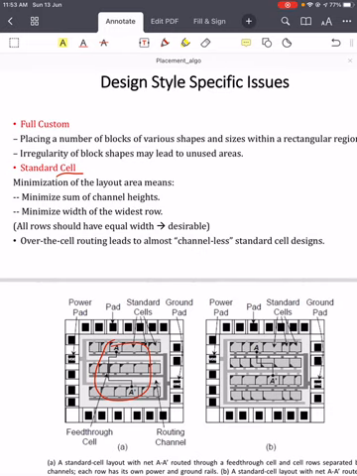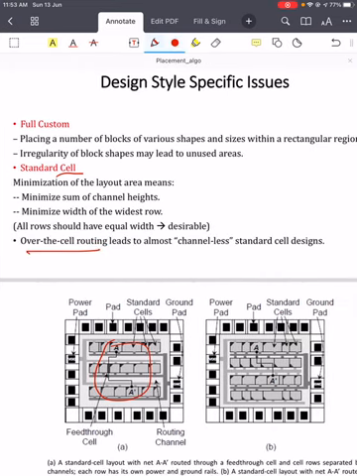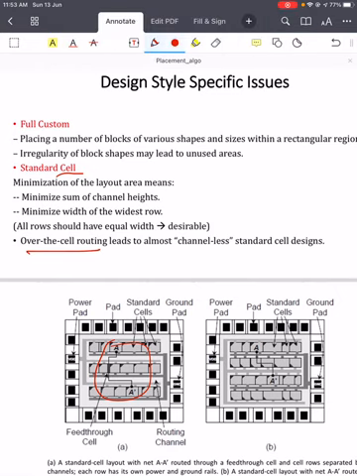Over the cell routing is a special kind of routing technique, used in special cases. When it is used, the channel region becomes very narrow, and we don't use that channel region for routing. Rather, we keep this narrow channel space only for power and ground routing, running the power and ground rail.